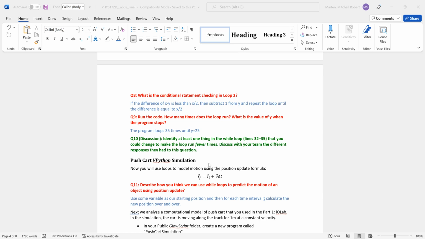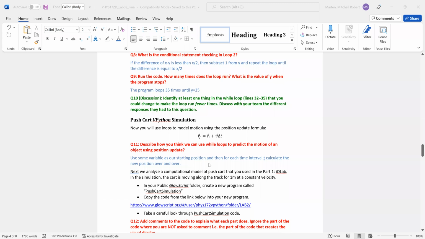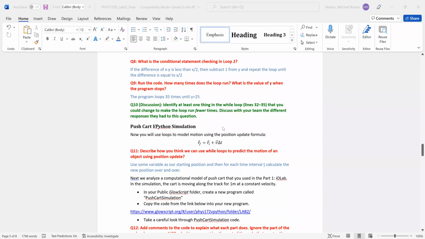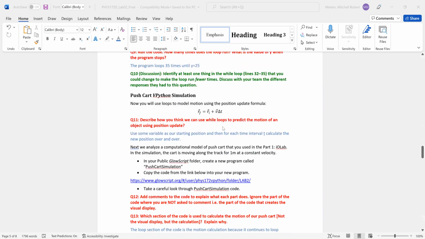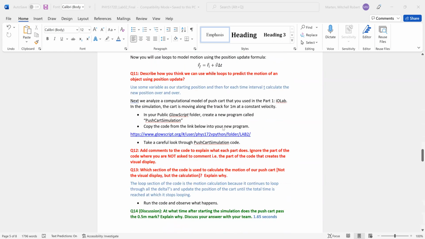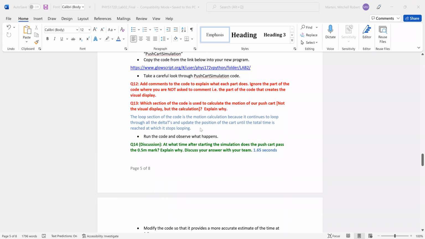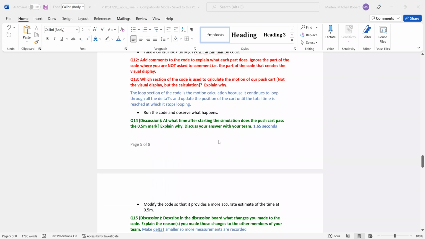Well, one we had was the difference in numbers needs to be smaller, and we said we could change it from dividing by 2 to dividing by a bigger number, right? Yeah. Okay. Yeah, that's pretty much what I had. Nice.